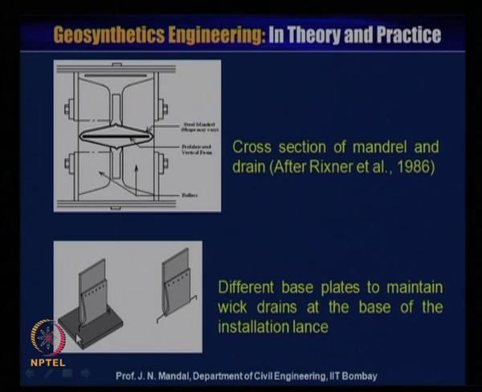This whole thing, the base plate or the rod to which the prefabricated vertical drain is attached, and with the casing or the mandrel, the entire thing will be inserted into the soft soil to the desired depth, and then leaving behind this base plate or the rod and the prefabricated vertical drain, the mandrel is withdrawn from the soft soil.